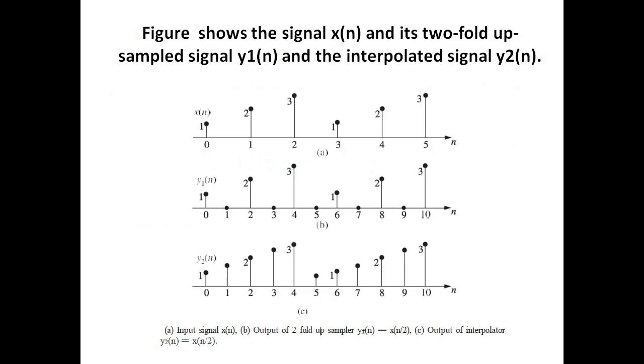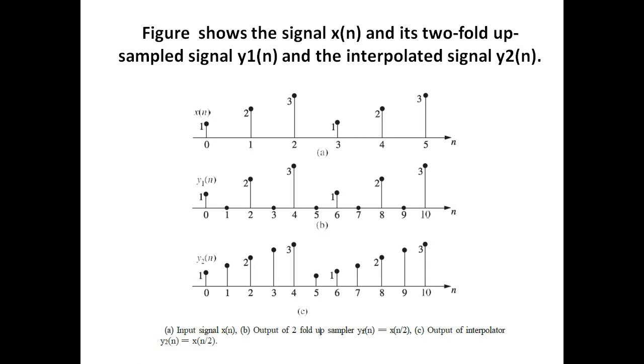The figure shows the given signal x of n, its 2-fold upsampled form y1 of n, and the interpolated form y2 of n. So x of n is given, y1 of n is upsampled by a rate of n by 2, that is y1 of n equal to x of n by 2, and y2 of n is x of n by 3.